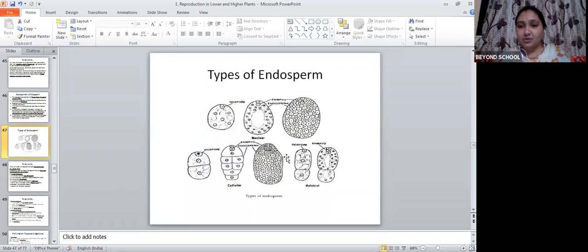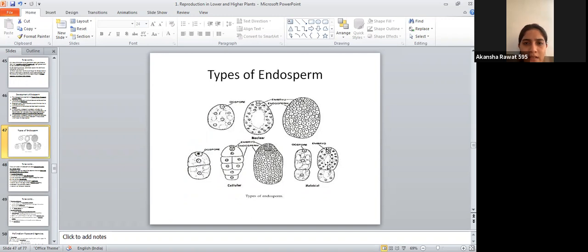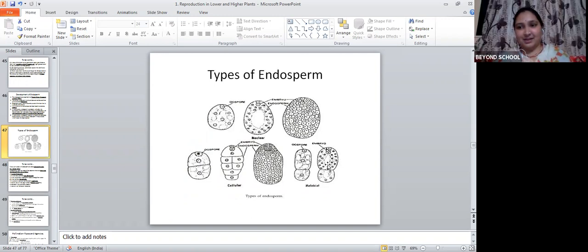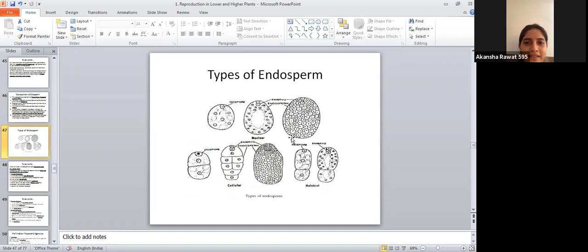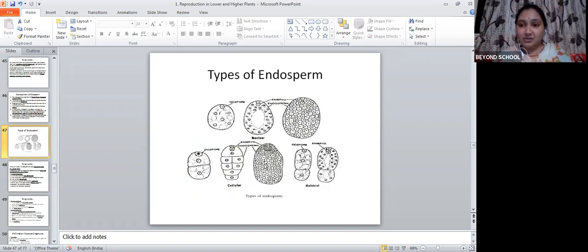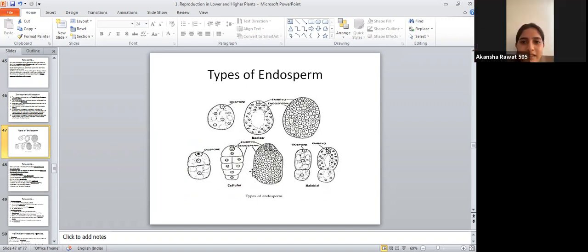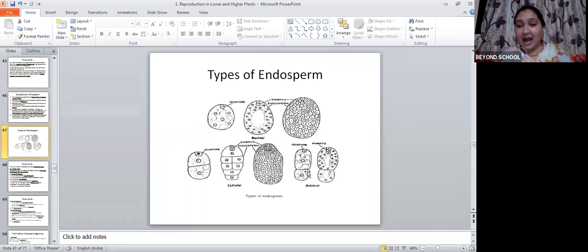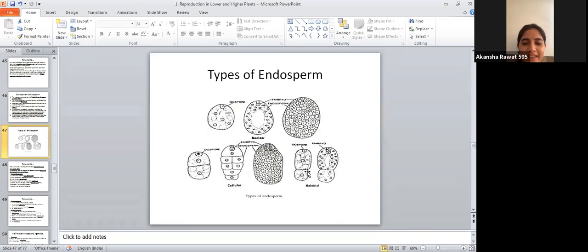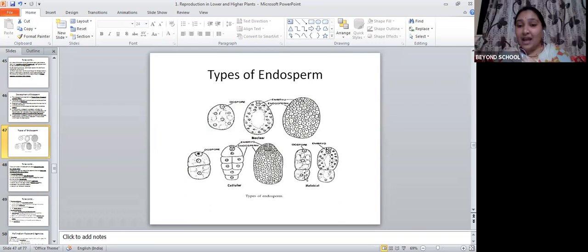Can you see both the cells? Are they in a proper shape, Akansha? No. Means the cells have been unequally distributed. Understood? They do not have a proper shape. If I ask you the shape of nuclear, you would say, ma'am, it is oval. Can you tell me the shape of cellular endosperm? No. Can you tell me Helobial's? No. So what has happened? The wall has been divided, but it has divided in that way, unequally.